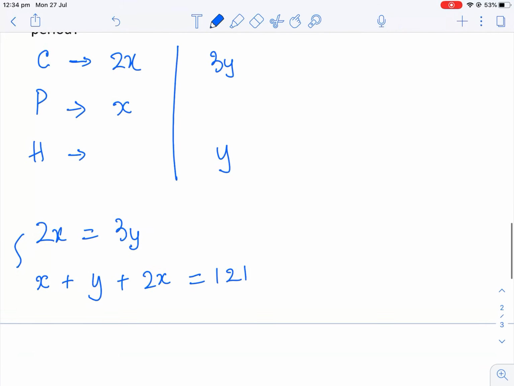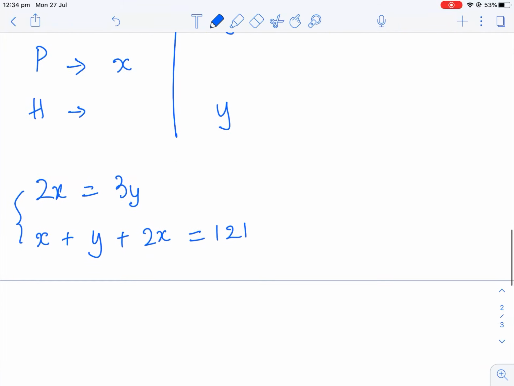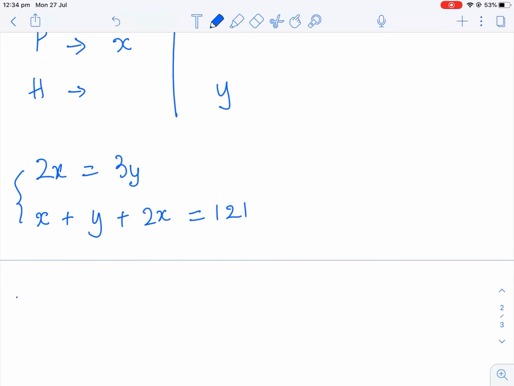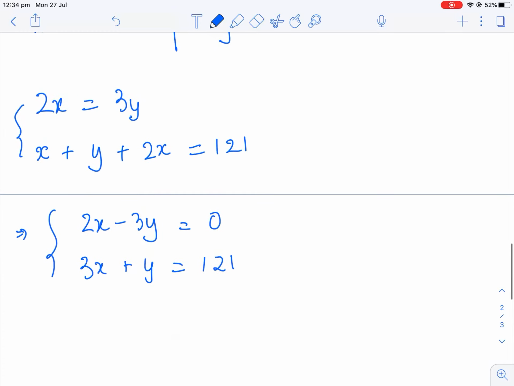Yep, that's right. So we have 2 equations here, and again, we solve the equations. The first one will turn to 2x take away 3y equals 0, and this one is 3x plus y equals 121. I'm going to use the substitution method. Let me have a look.